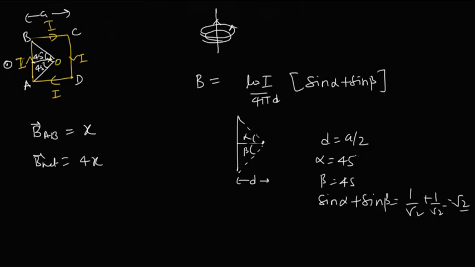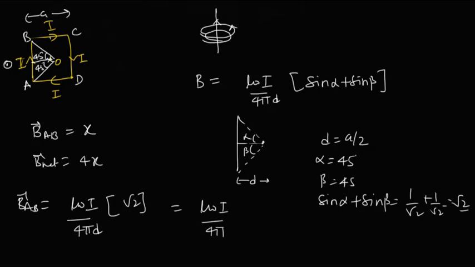So BAB becomes mu naught I upon 4 pi d times root 2. Putting the value of d, that is a by root 2, we get mu naught I upon 4 pi, a by root 2 goes up, so this becomes a and this becomes 2 root 2. So BAB is mu naught I upon 4 pi a times 2 root 2.